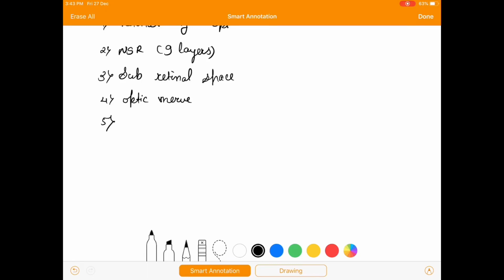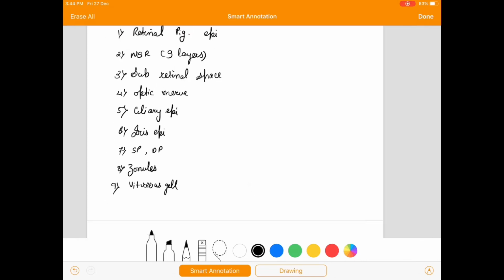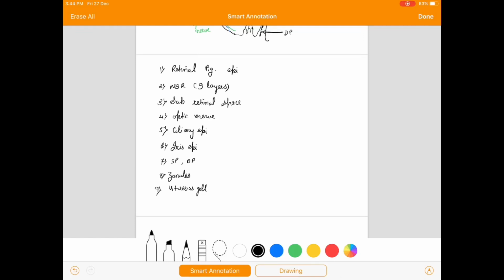Then we have ciliary epithelium, and sixth is iris epithelium. It also gives rise to the muscles present in the iris, those are sphincter pupillae and dilator pupillae. Then zonules, and the 9th one is vitreous gel. So all these structures are given rise by the neuroectoderm.